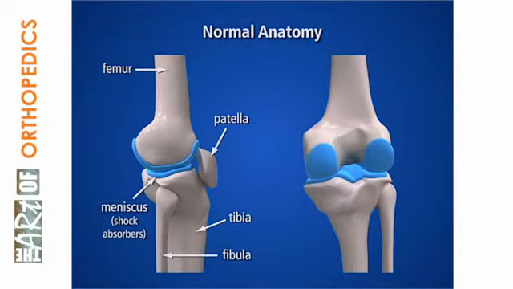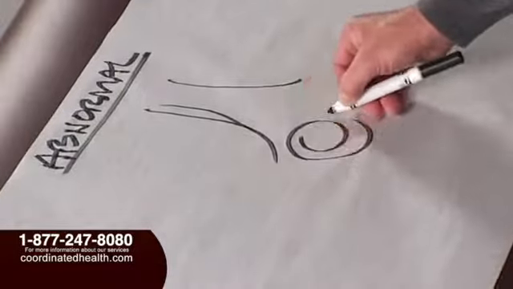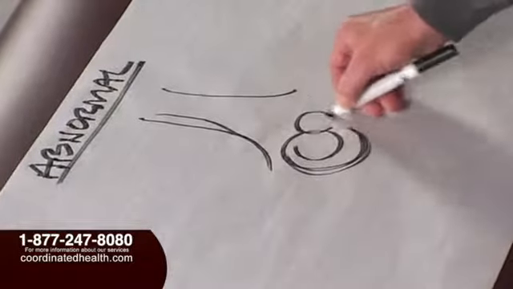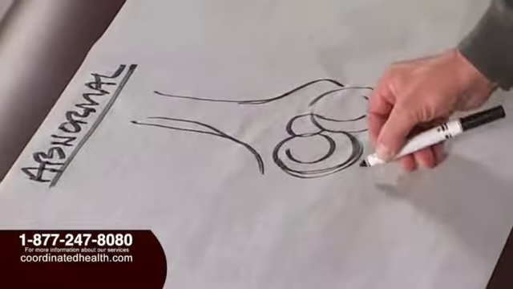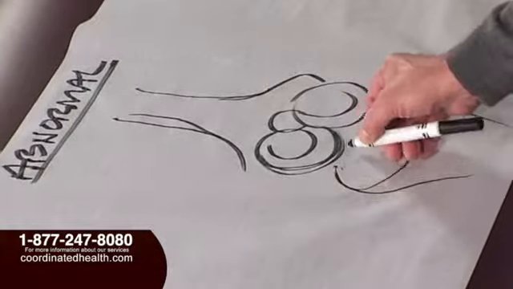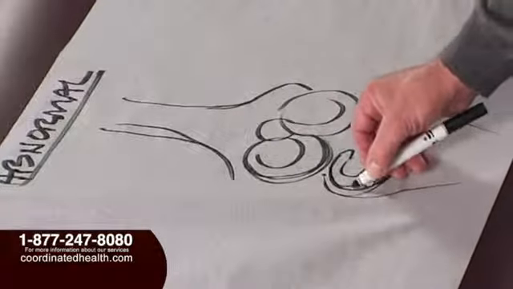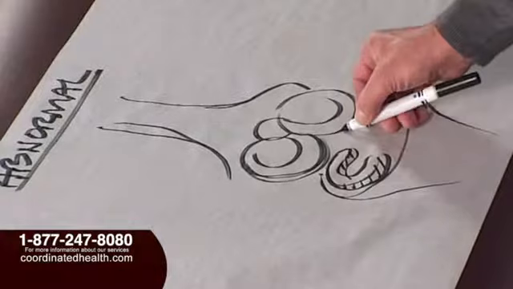Let's talk a little bit about the abnormal parts list when we have osteoarthritis. Once again, here's the end of the thigh bone. And here's the top of the leg bone with the two meniscus, both horseshoe-shaped.